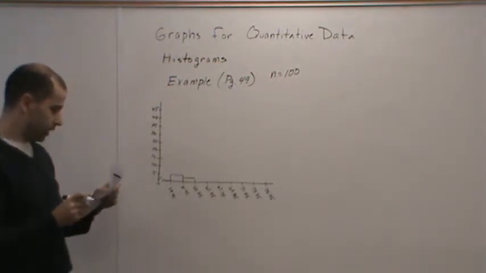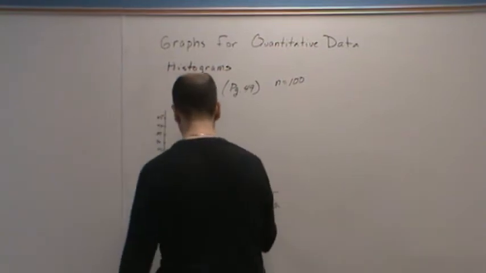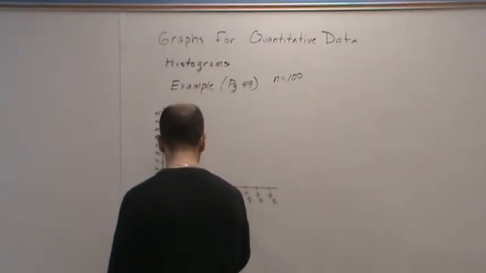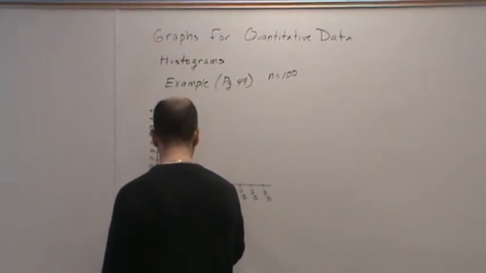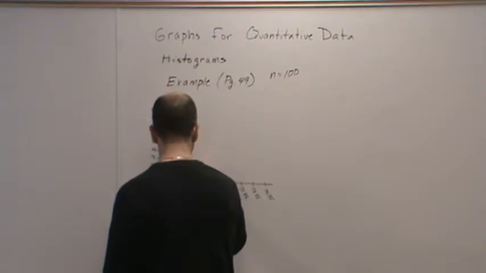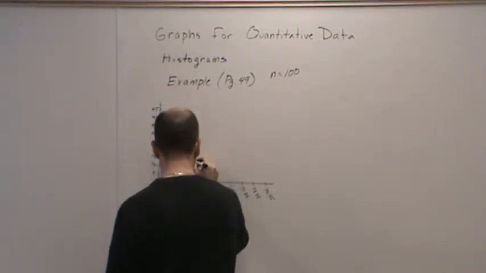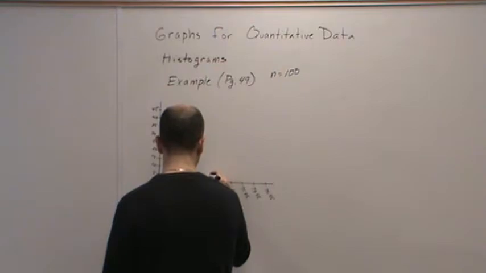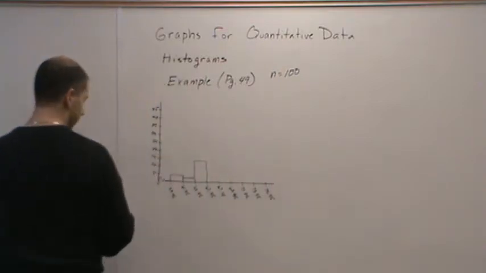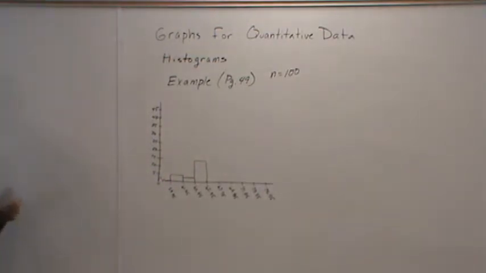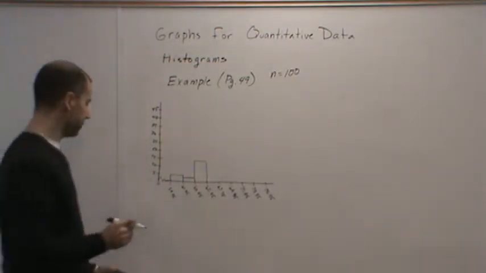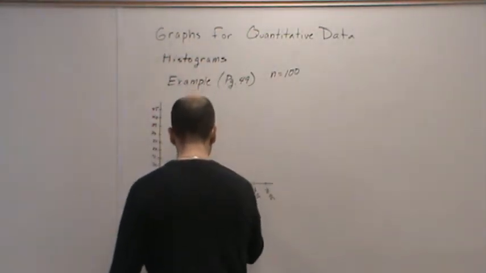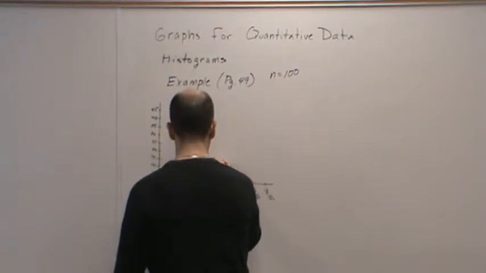And now the next one is 15. So now I'm going to go up to 15, so I'm going to carefully draw this. So I'm going to go up to 15. And so there's the next bar. And now the next one goes all the way up to 40. So I'm going to start here. I'm going to go up to 40.